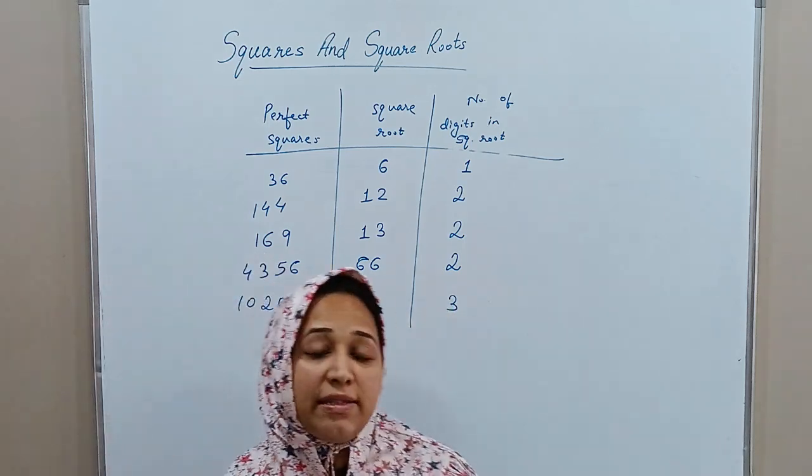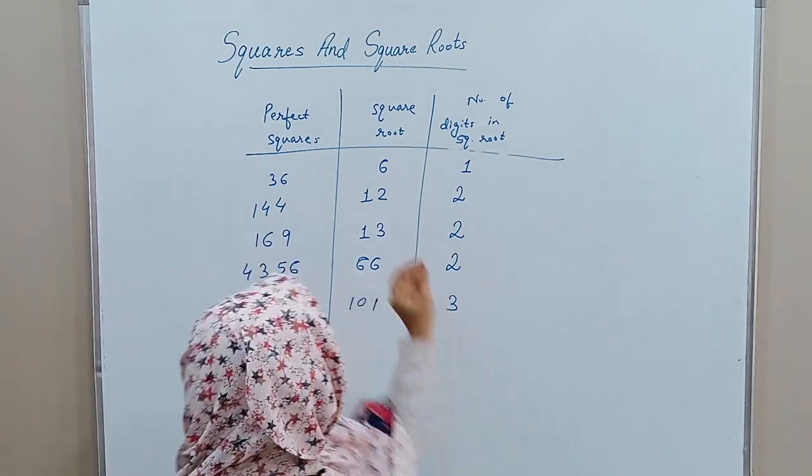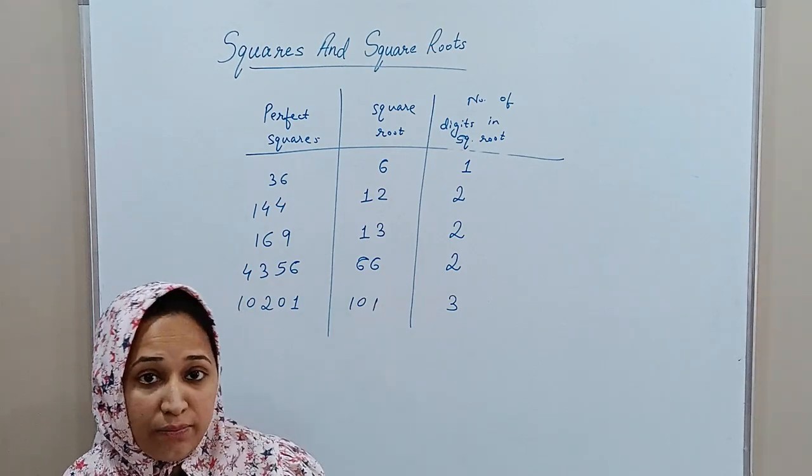Now how to understand the number of digits in each square root? There is a simple formula.